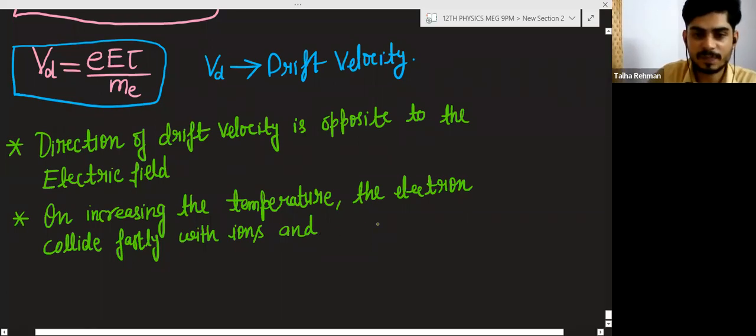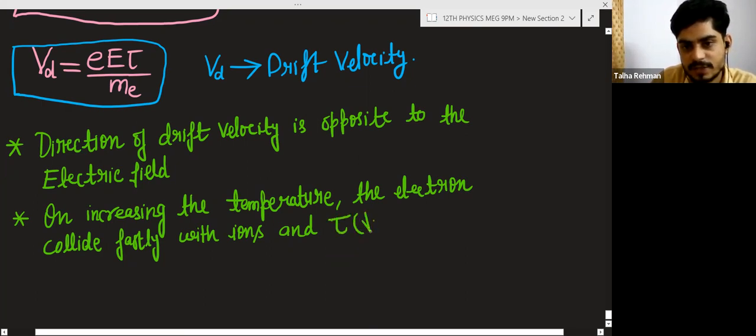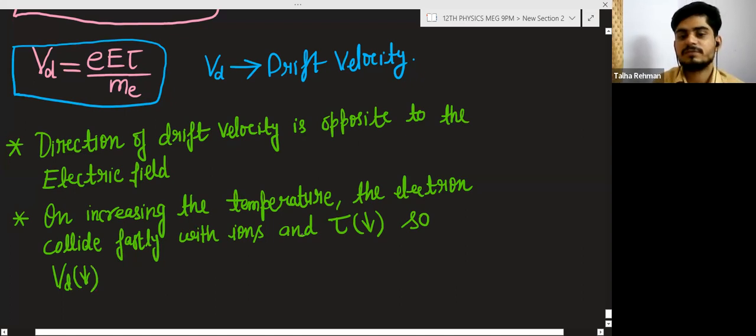So the average relaxation time tau decreases. And when tau decreases, drift velocity will also decrease. So you can say Vd will also decrease on increasing the temperature.